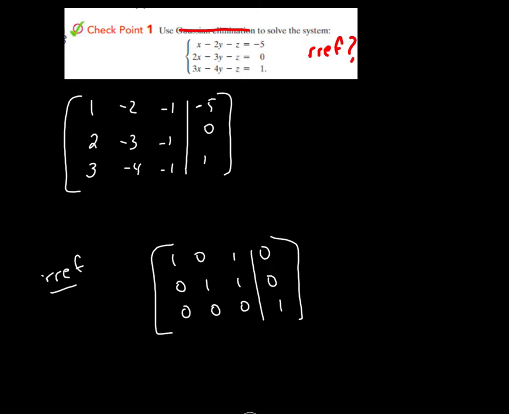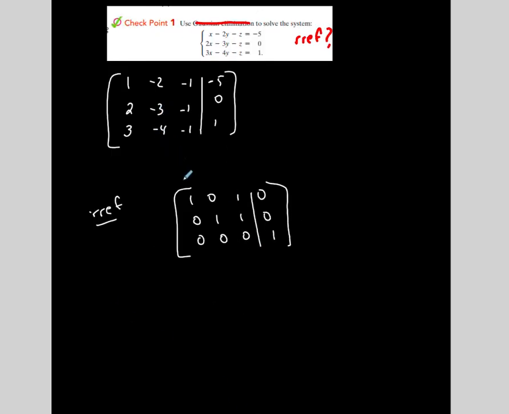Now, if I were to convert this back into a system, let's go across the top. 1x plus 0y plus 1z is equal to 0. Go across row 2. 0x plus 1y plus 1z is 0. And then what the heck does this say? 0x plus 0y plus 0z, 0 is equal to 1.